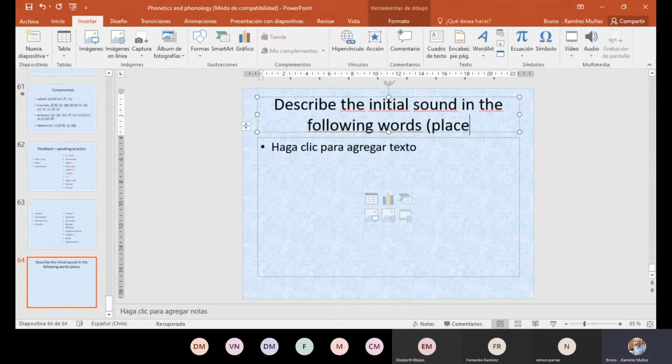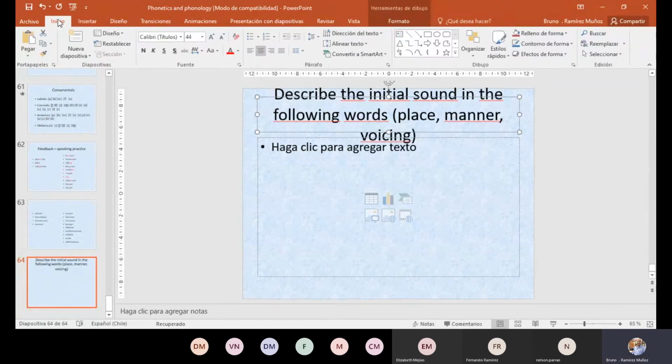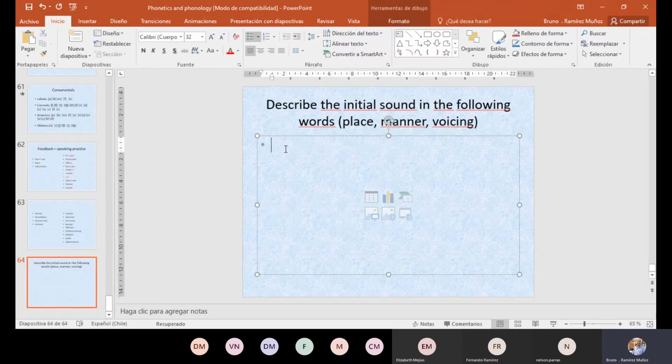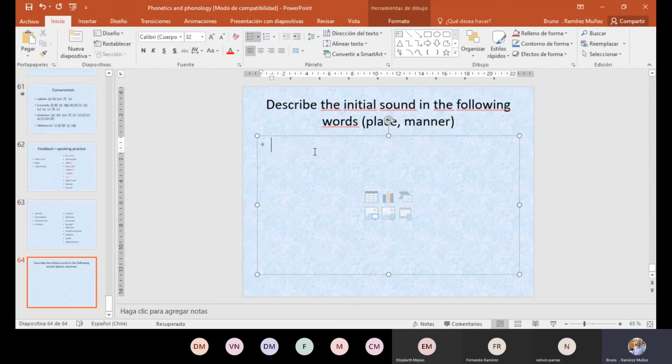What you need to do is put the place, the manner, and the voicing. The place of articulation, the manner of articulation, and if it's voiced or voiceless. Focus on place and manner.